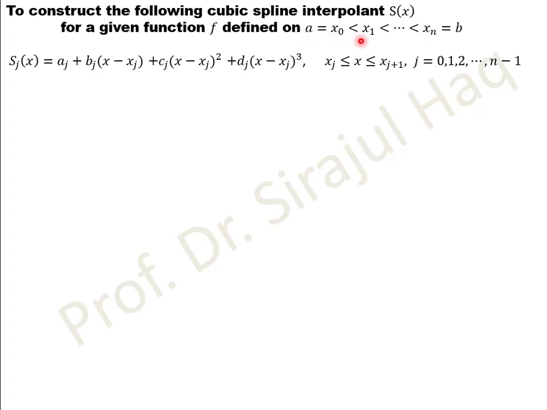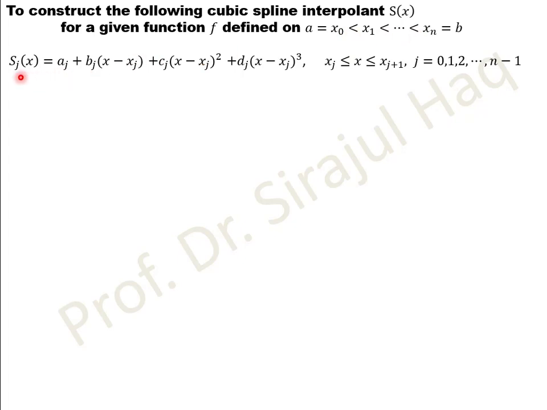This is the partition of the interval, and we assume that the function we are replacing by cubic splines is defined on the interval from a to b. We divided this interval into n sub-intervals, and you can see that there are n plus 1 points.